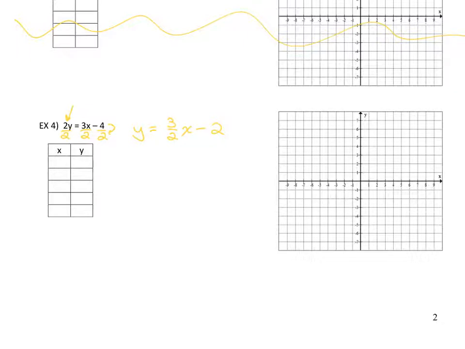And up until this point, I've been telling you, hey, just pick -1, 0, and 1. Well, that's not going to work here so well, and I know a lot of you out there do not like working with fractions, and in fact, fractions are hard to graph on a coordinate plane. So what we can do is we can pick x values that make our lives easy.